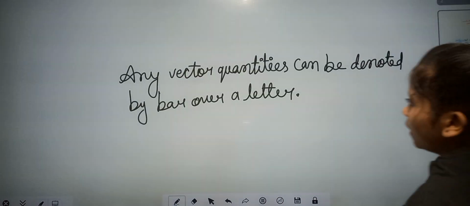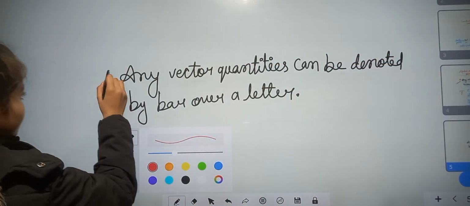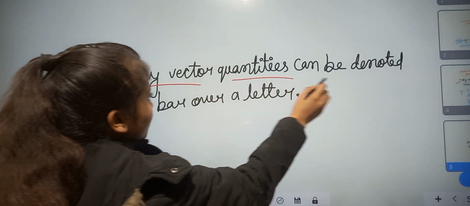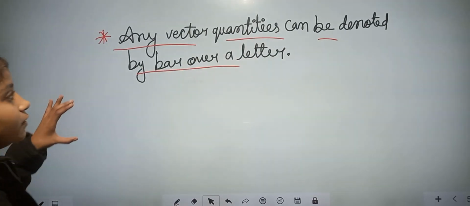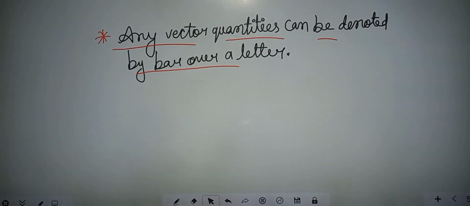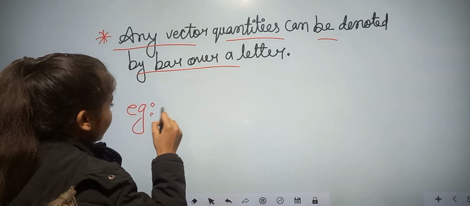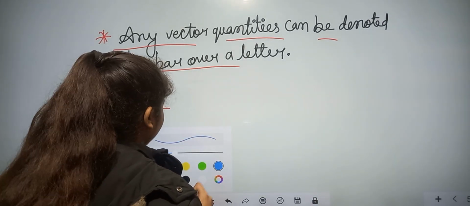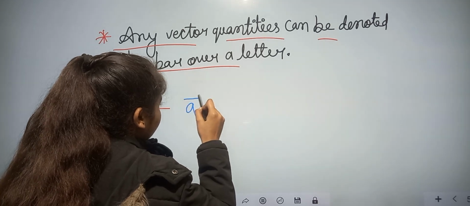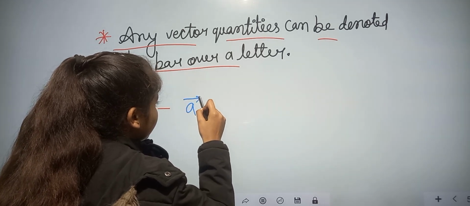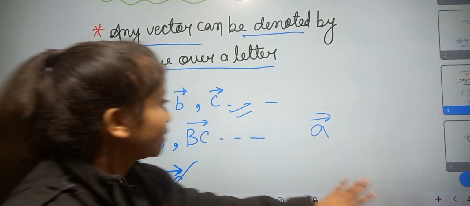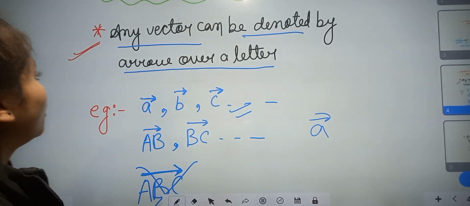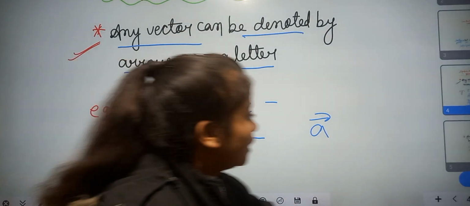Okay, and our second point is any vector quantity can be denoted by a bar over a letter. For example, we can write A with a bar. If we give this type of arrow, it is also called a vector, but that one is denoted by an arrow.